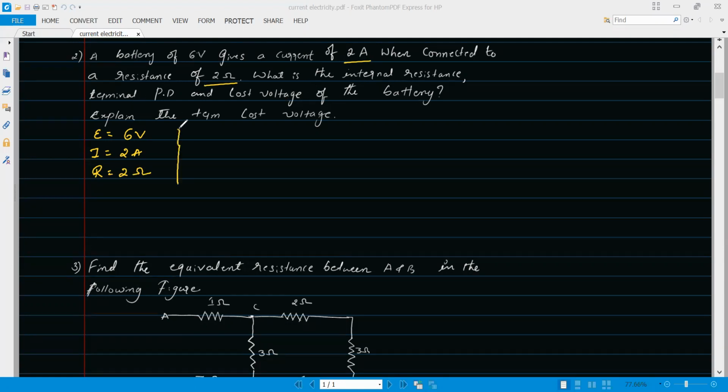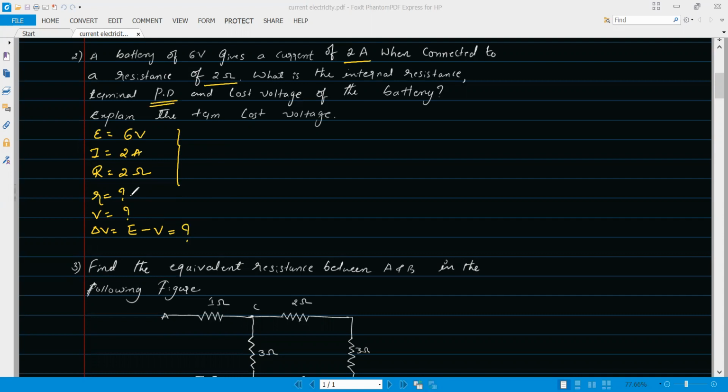We have to calculate the internal resistance r, the terminal potential difference V, and the lost voltage, delta V. This is nothing but total voltage, that is EMF, minus the potential difference, E minus V.